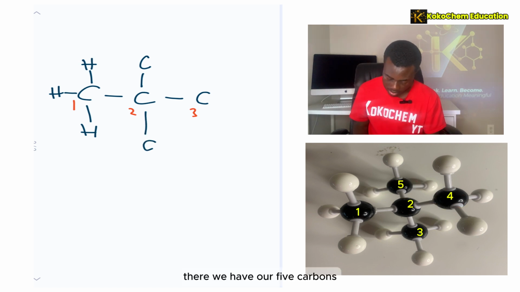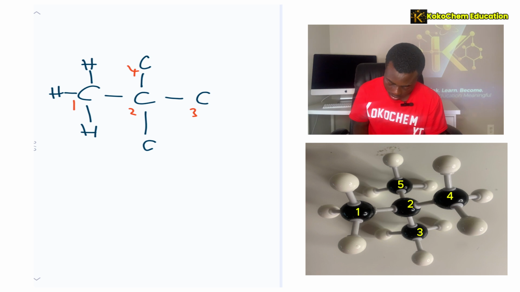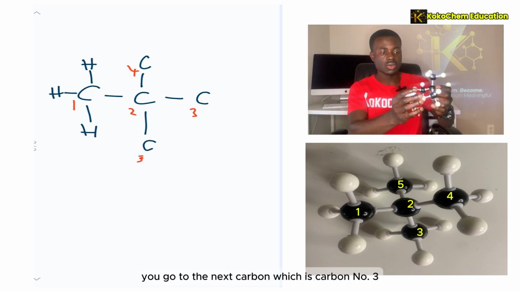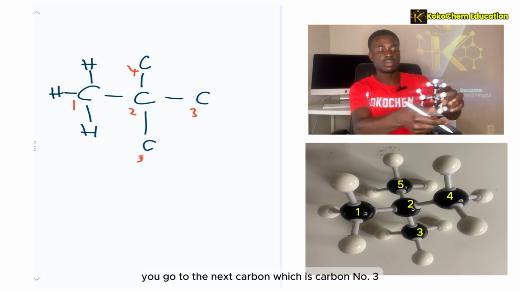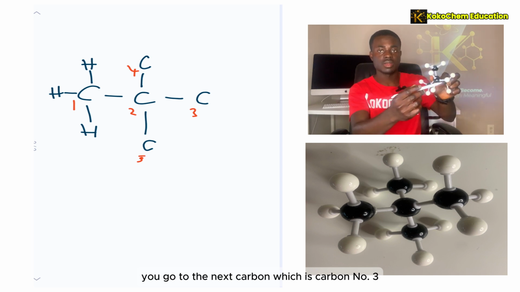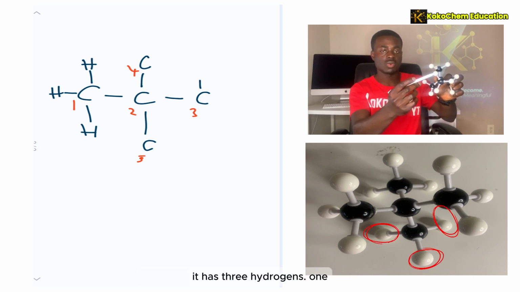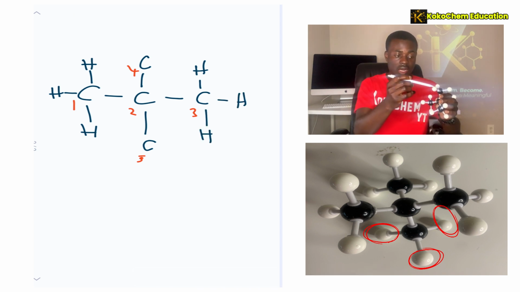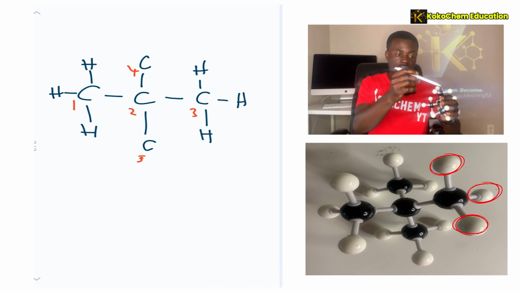There we have our 5 carbons. So this will be 4, and this will be 5. You go to the next carbon, which is carbon number 3. You have 3 hydrogens, 1, 2, 3, and carbon number 4 has 3 hydrogens, 1, 2, 3.